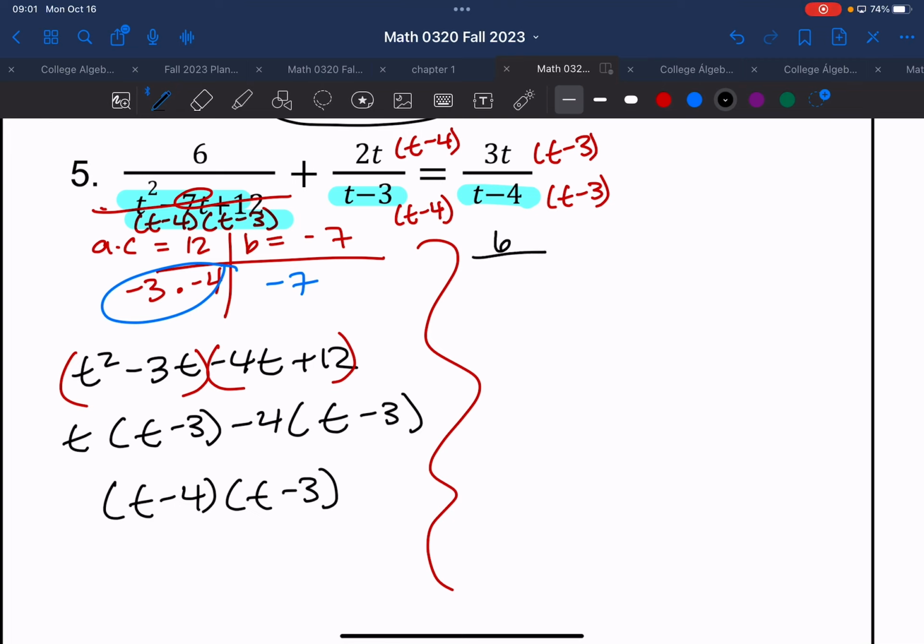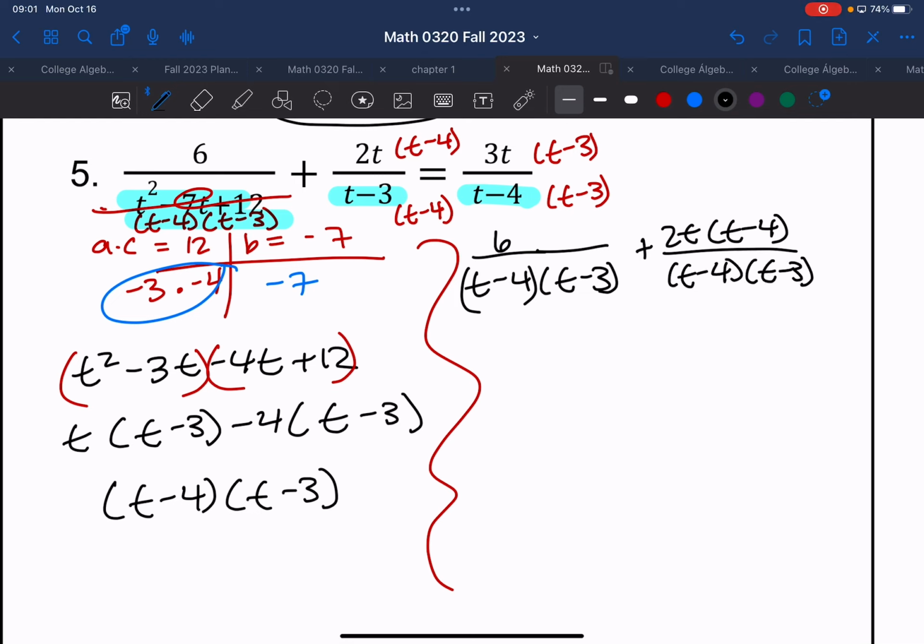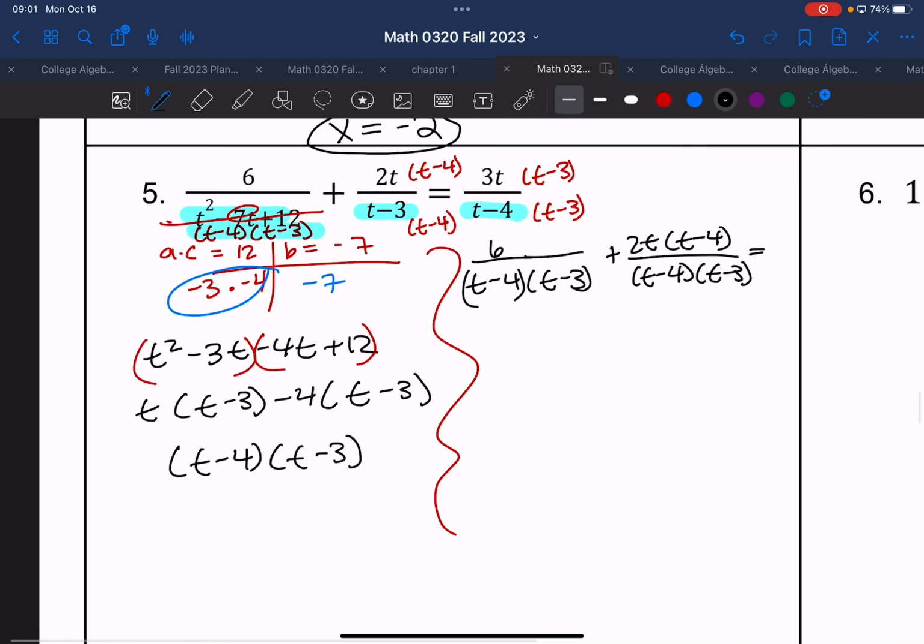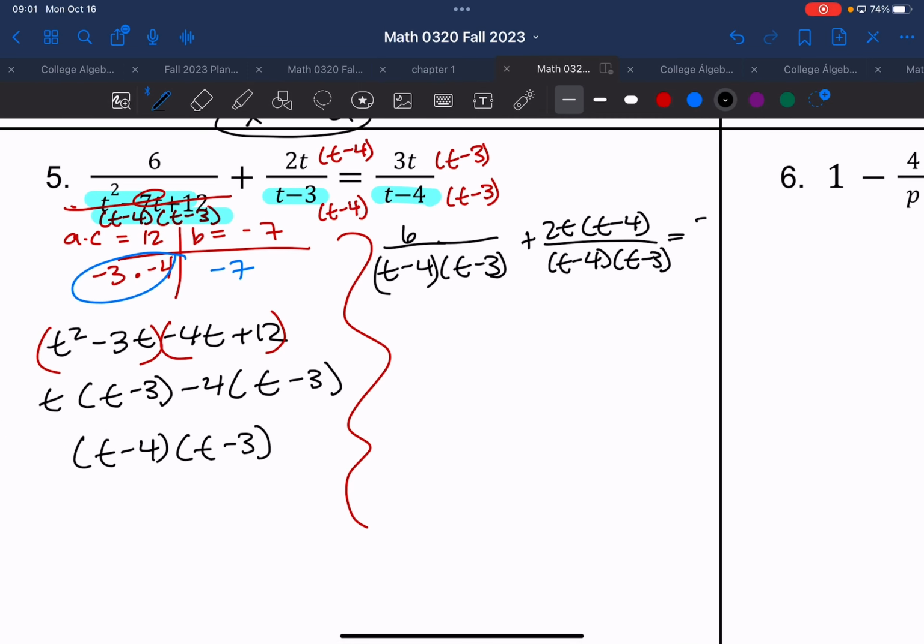So I have 6 over t minus 4 times t minus 3, plus 2t times t minus 4 over t minus 4 t minus 3, equals 3t times t minus 3 over t minus 4 t minus 3. Okay. Now that I have all the same denominator, what can I do with them?